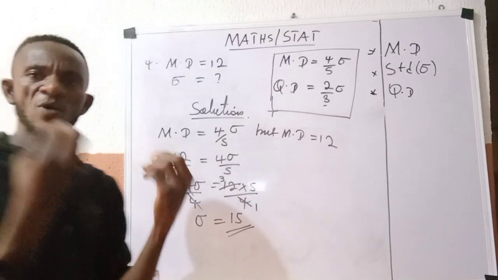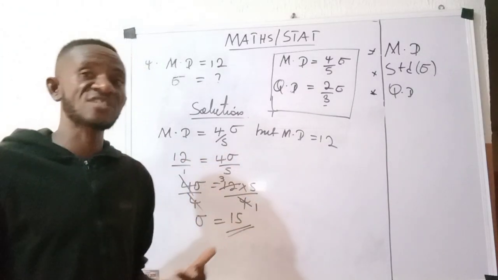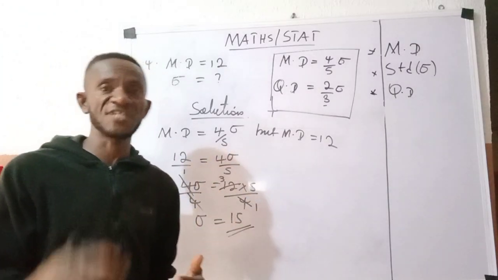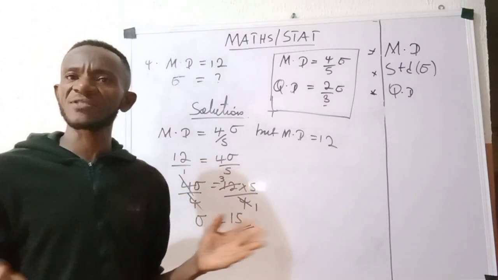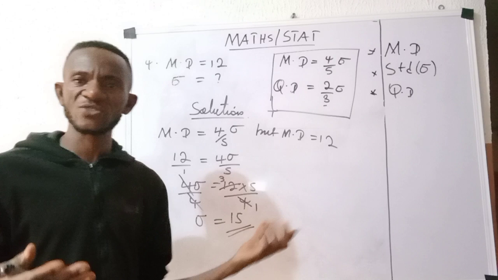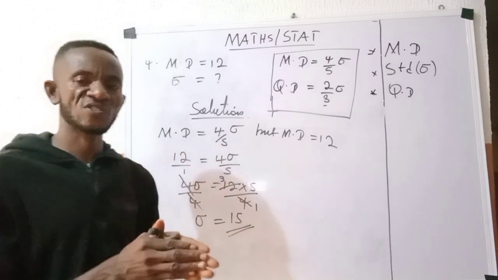Now, as a way of extension of this class to something that is going to be beneficial to our listeners or audience, you see, these quartiles that we are talking about, our Q1, our Q2, and the rest of them, are often used to prepare what we call the box plot.